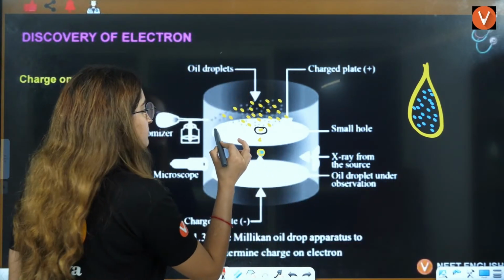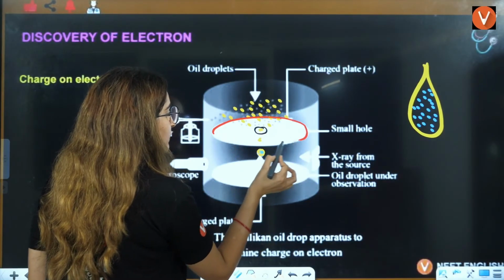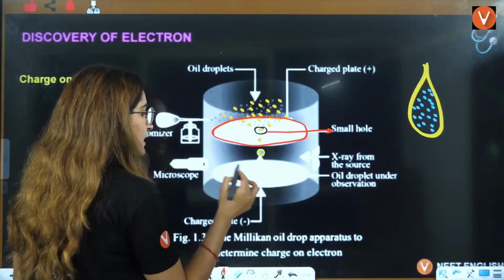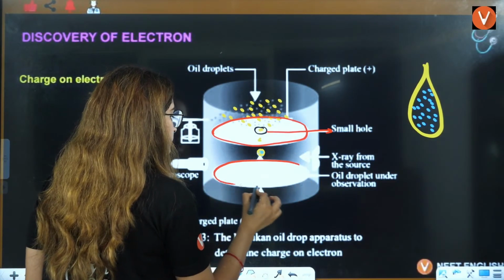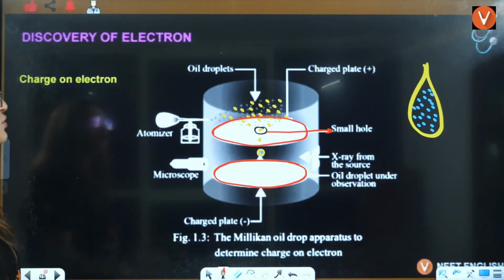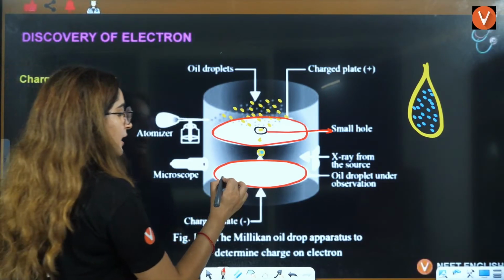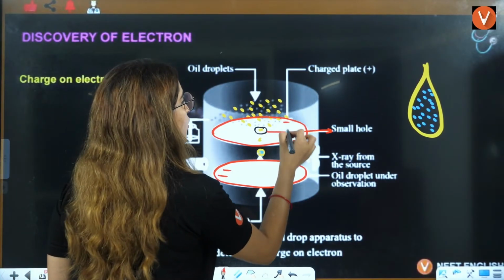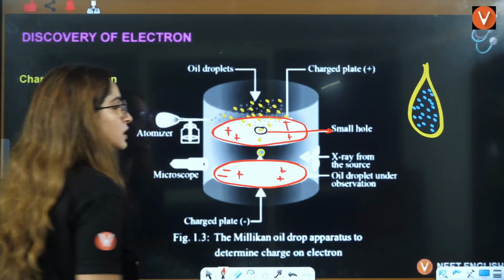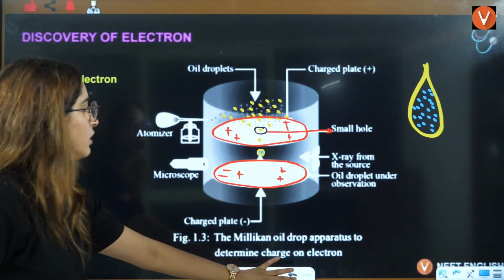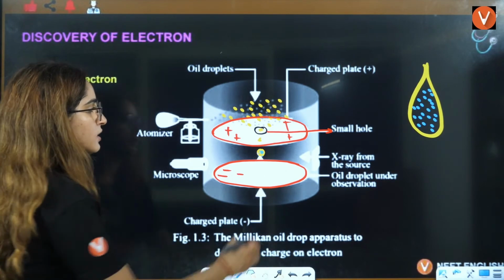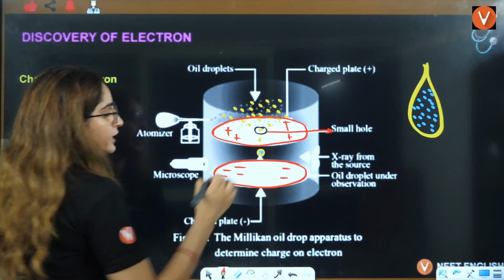So see this thing. This is a plate which has a small hole here. And this is another plate. Now, if you see this here, this is the positive plate, this is the negative plate.